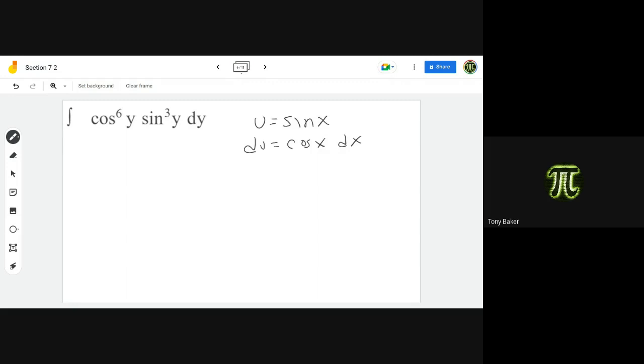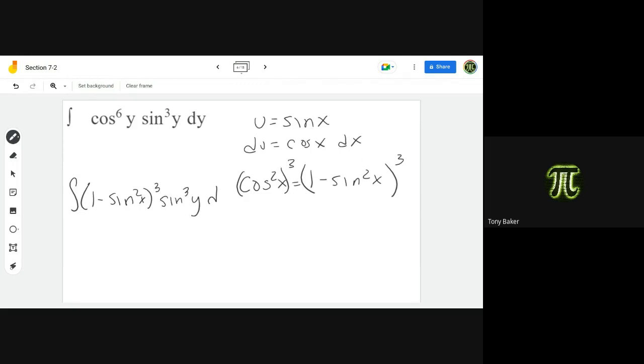The next thing I saw pretty much everybody do was they said, okay, so I've got cosine squared. To make this nicer, cosine squared x equals 1 minus sine squared x. And then we did that to the third power. So now I got rid of my cosines. So we have 1 minus sine squared x to the third, sine to the third y, dy.